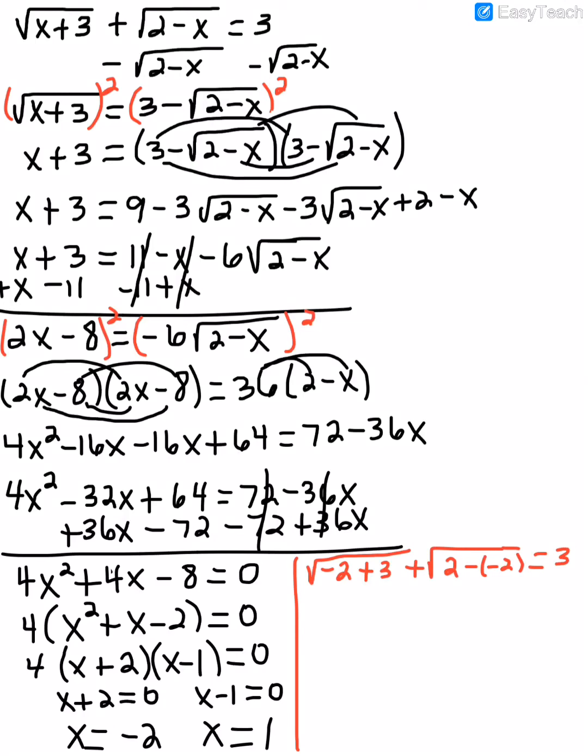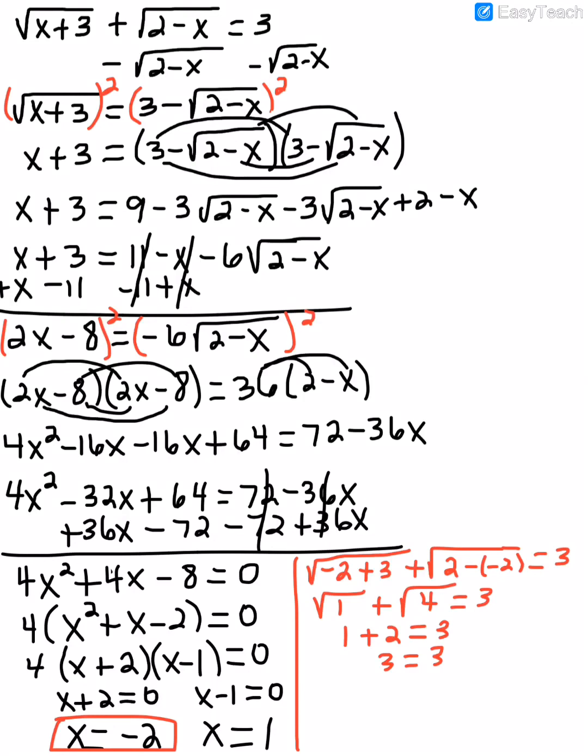A -2 plus 3 is 1. And 2 minus a -2 is like 2 plus 2, which is 4. So the square root of 1 is 1, the square root of 4 is 2, and 1 plus 2 is 3. So that works. That is a solution of my equation.